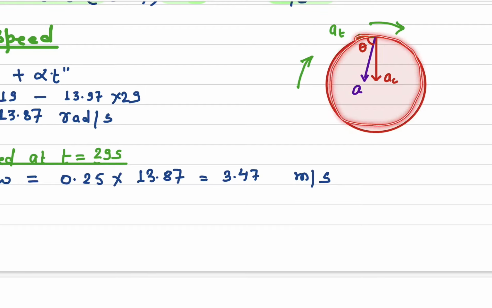If it is slowing down, then it will be opposite to the velocity. This disk is spinning this way, but as it is slowing down, the tangential acceleration is opposite. But the centripetal acceleration is always towards the center. So the net acceleration will be at some other angle.